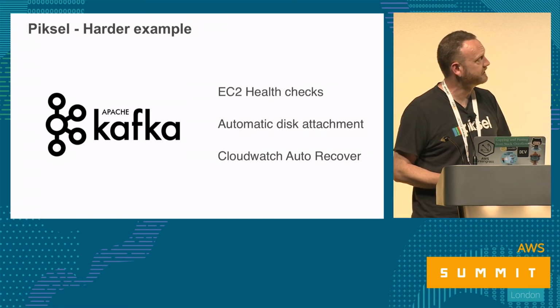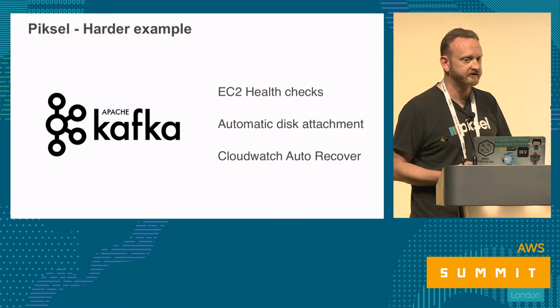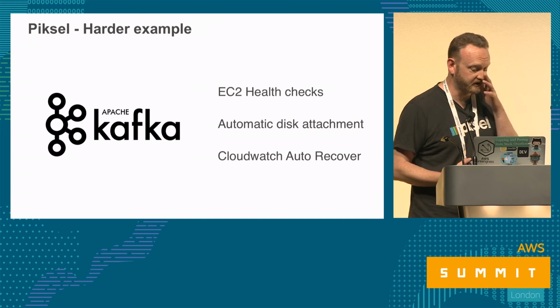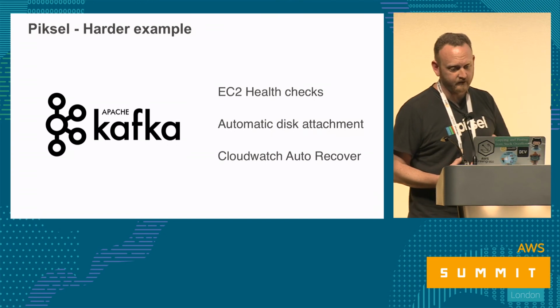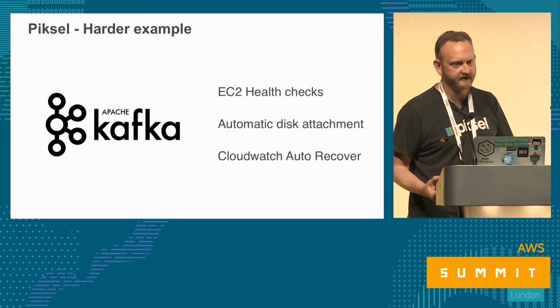So what we're looking at here is managing resilience in that layer, making sure that unhealthy instances are replaced and minimizing the time when our operational resilience is impacted by instance recovery. So the pattern we're doing here is we're relying on EC2 health checks, system health checks that tell us about the underlying AWS hardware health.